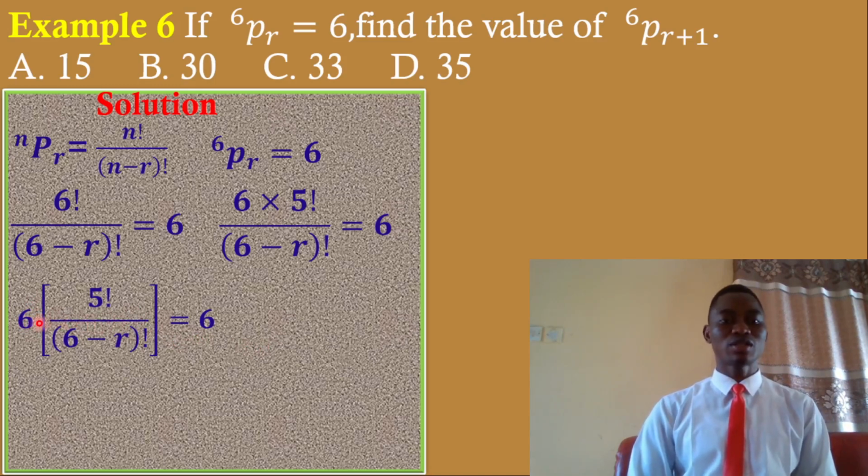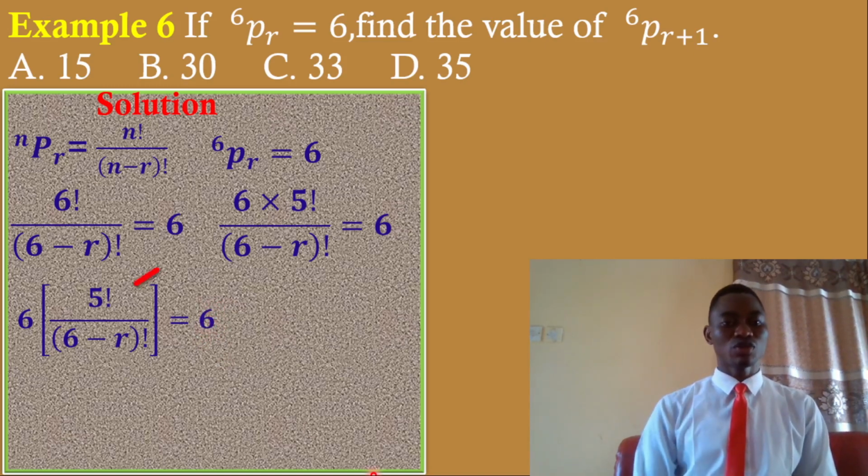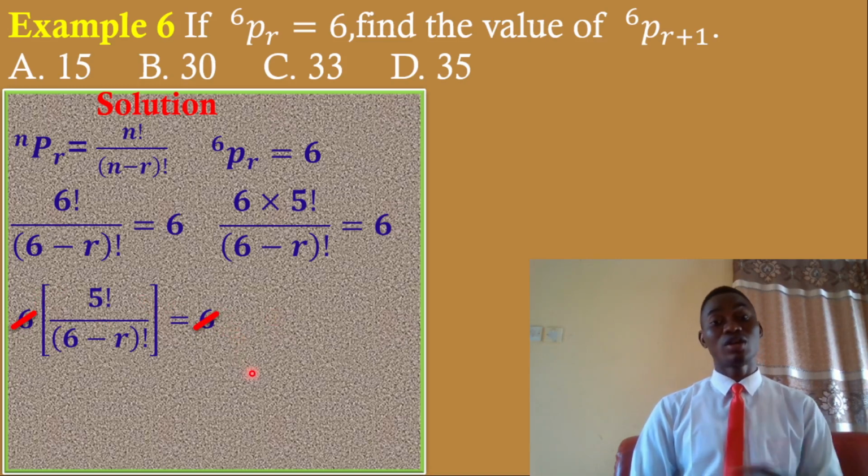Or you can say 6 cancels 6. We are going to have 1 remaining at the right hand side. So if we divide both sides by 6, then 6 will cancel 6. You can choose to say divide both sides by 6, or you can just say 6 cancels 6. They are all the same.